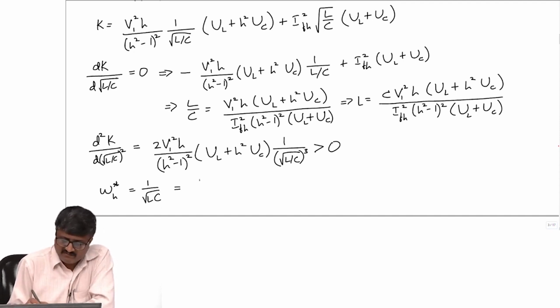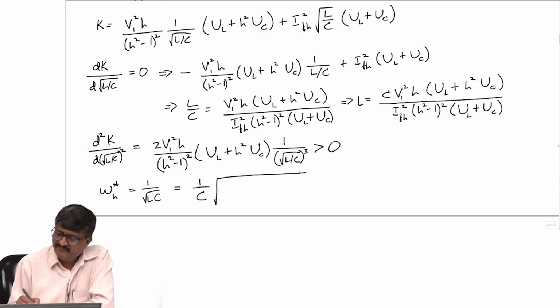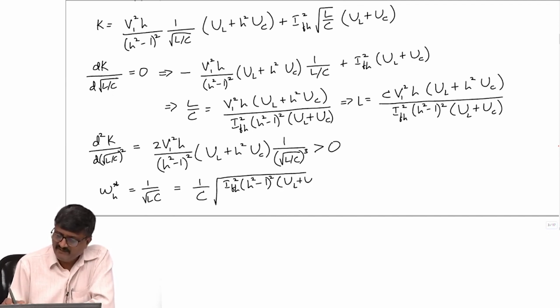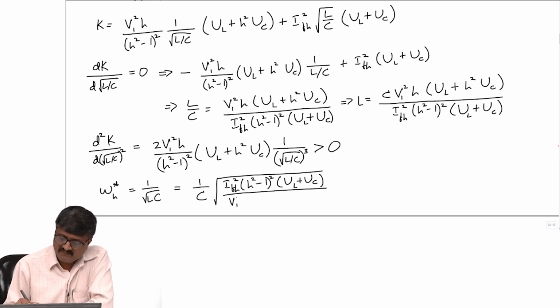So, what do I get? 1 by C into square root of I of H square into H square minus 1 whole square into UL plus UC divided by V1 square H into UL plus H square UC.